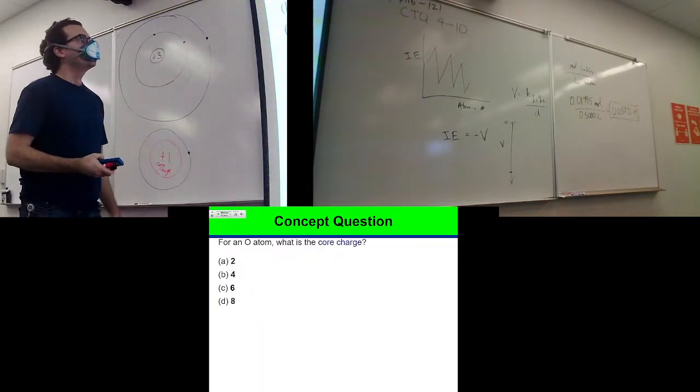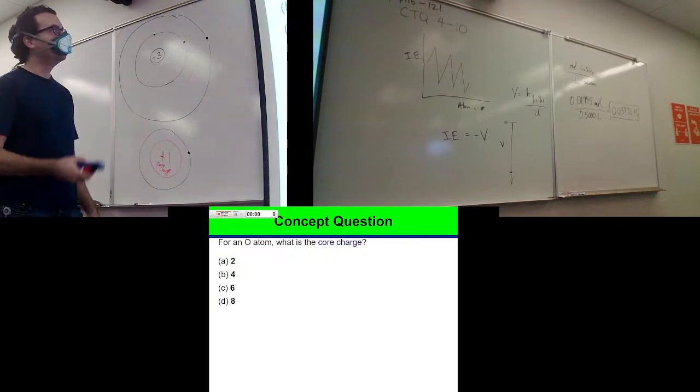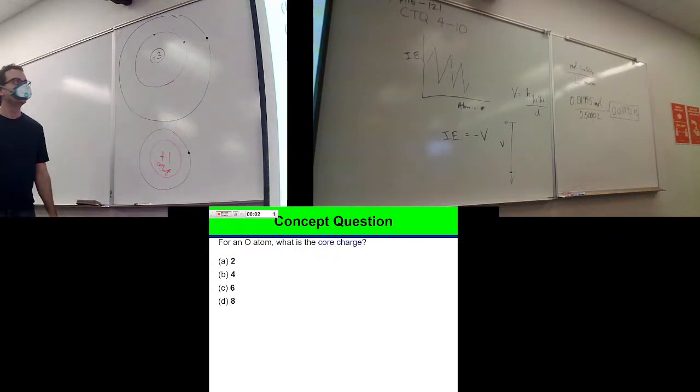Okay. So what is the core charge going to be? 6 valence electrons, 2 inner electrons. Core charge is what? How do we calculate that?